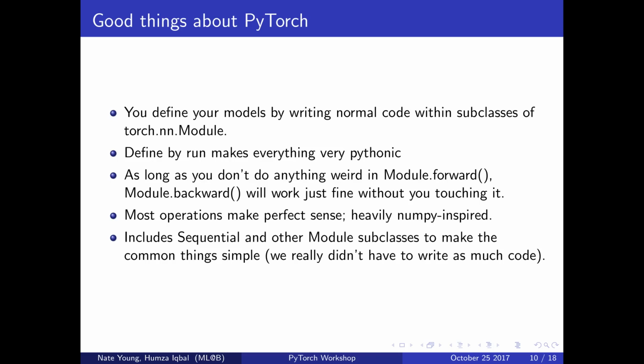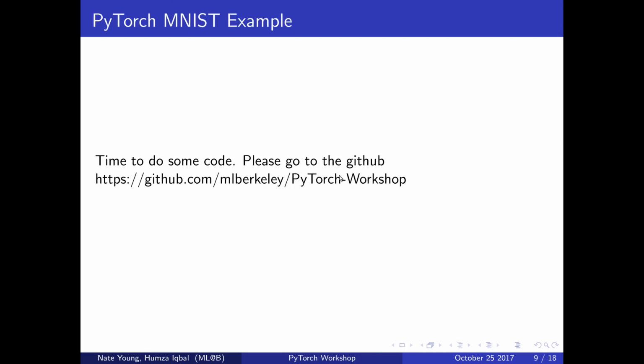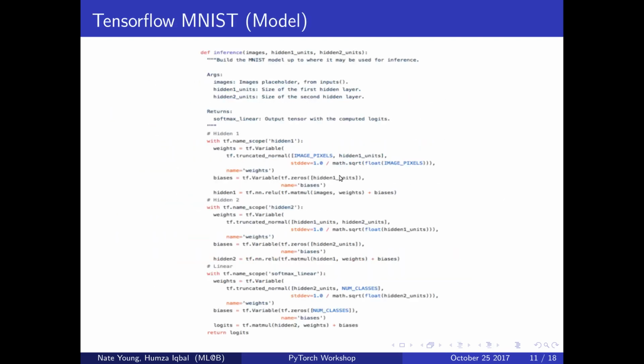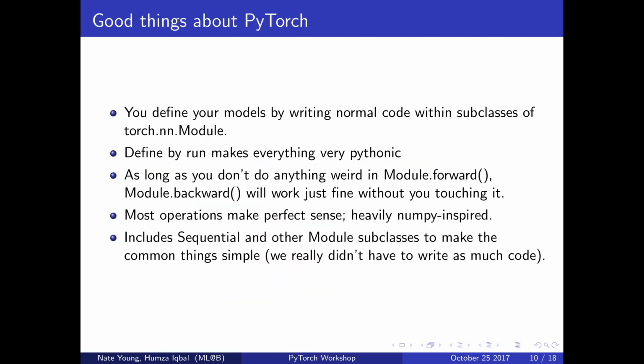Now let's start back up again, and let's talk about why PyTorch is so great. Basically, the main thing to keep in mind in terms of how you actually write code in this framework is that define by run makes everything very Pythonic.